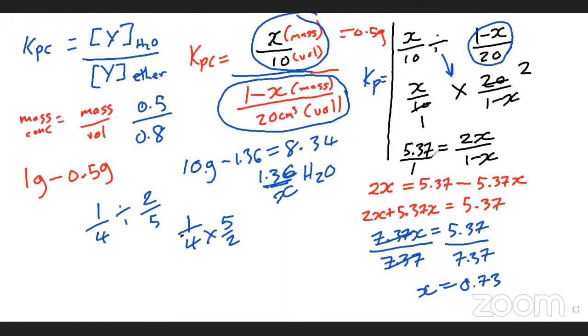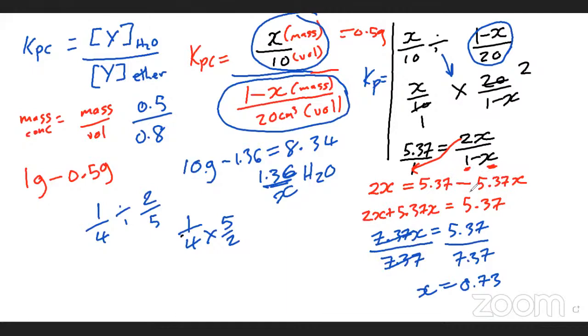Once you reach this part, you cross multiply. You bring 2x to the left-hand side, and you bring this over to the right-hand side. But you have to multiply it by whatever number is here, and you have to multiply it by x. So 5.37 times 1, I write it down, put back the minus sign, you times it by x again. All right, so that will be it.